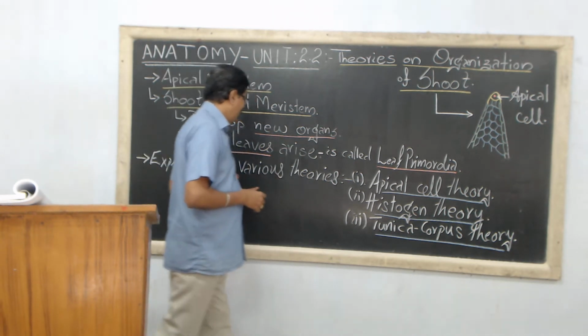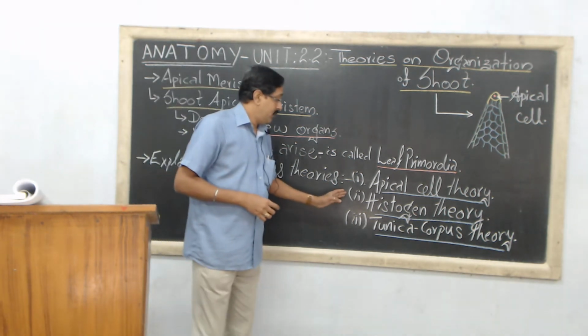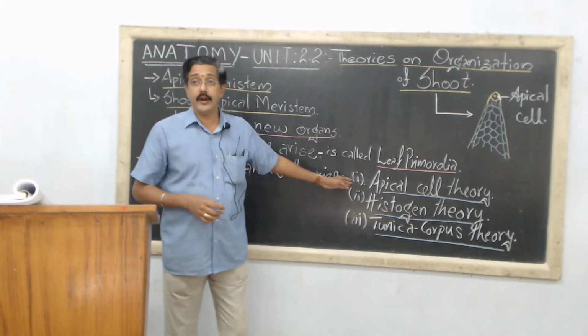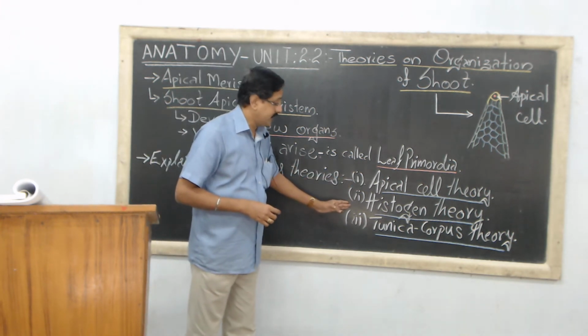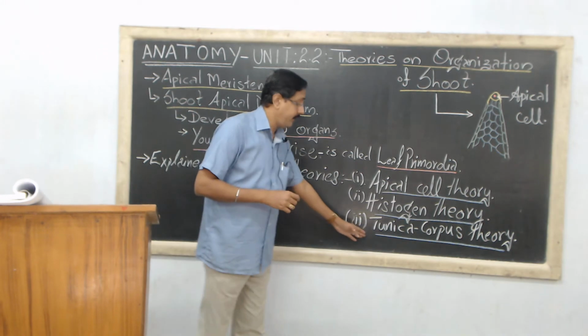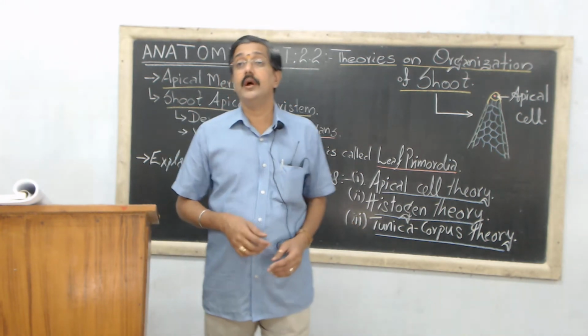Okay, the theories are the apical cell theory, the histogen theory, and similarly the third one, the tunica corpus theory.